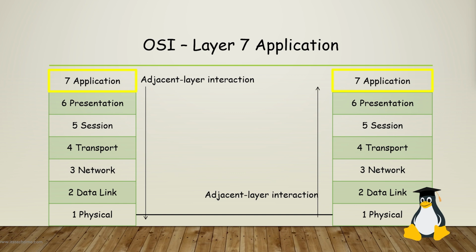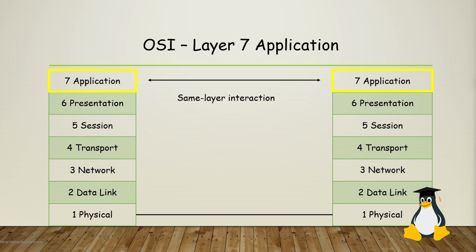Both the de-encapsulation process and the encapsulation process are examples of what's called adjacent layer interactions, or in other words, interactions taking place between each layer of the OSI model. But the interaction taking place between the 2 application layers on the 2 different systems is called same layer interaction. This same layer interaction is what allows the application layer to identify communication partners and perform the other functions associated with the application layer.